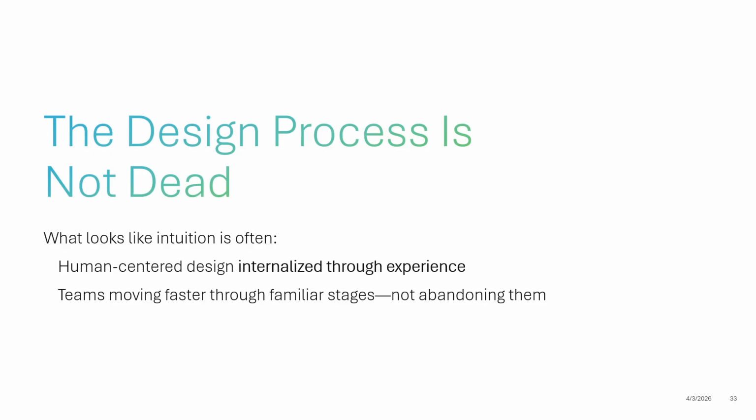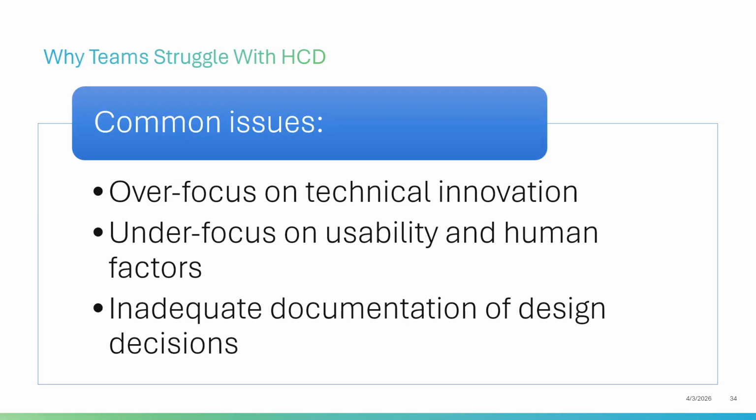Then it's kind of intuitive. You see, hey, there is a problem here, and you correct the problem even before hearing the evaluations. What AI and the new design process are providing is that teams can move faster through familiar stages, but we are not really abandoning any of these things.